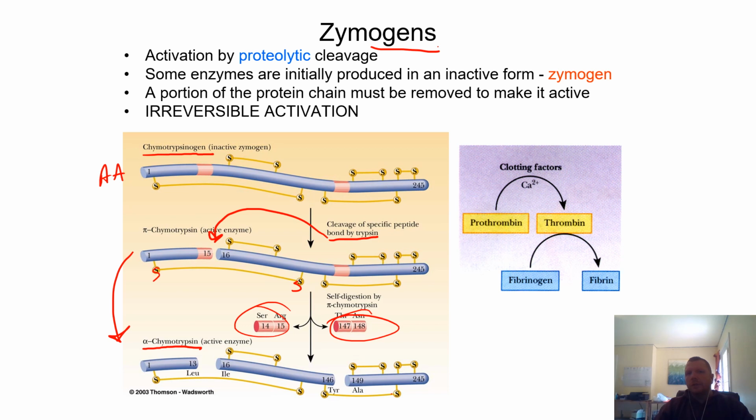So zymogens are basically inactive, but then something else sets in motion the activation of them. This is completely irreversible because you can't really remake a peptide bond. So this is a way in which an enzyme can be regulated. We'll talk about that when we talk about enzyme regulation, but this is just an example.